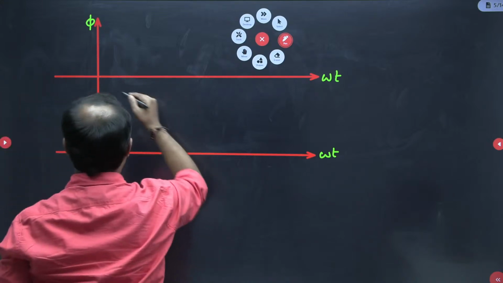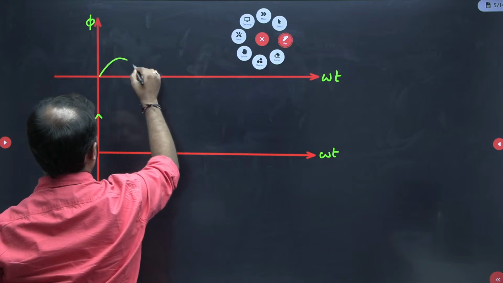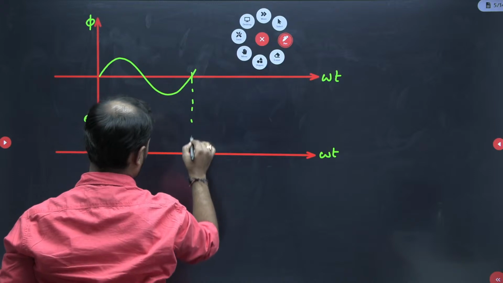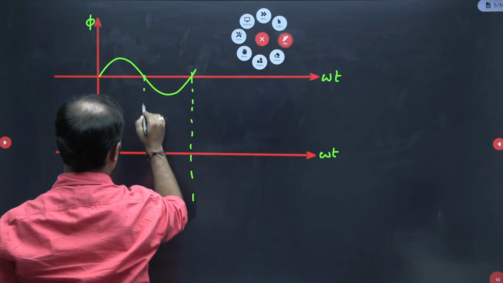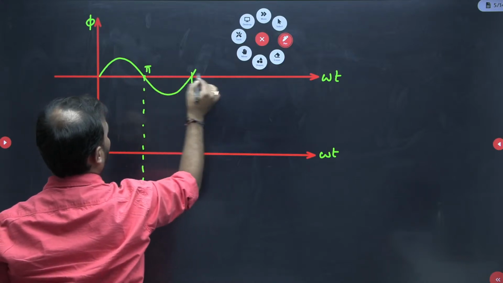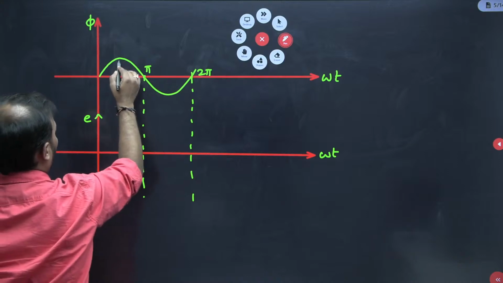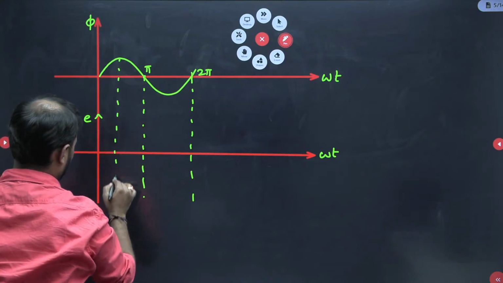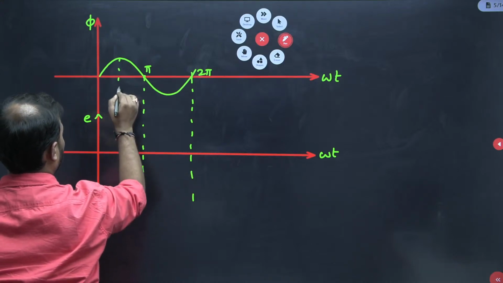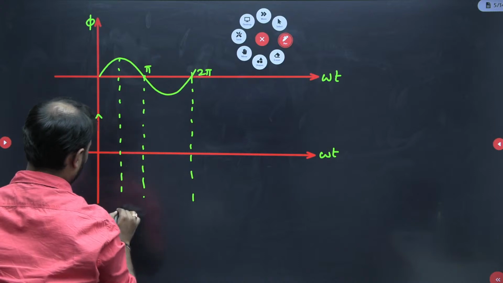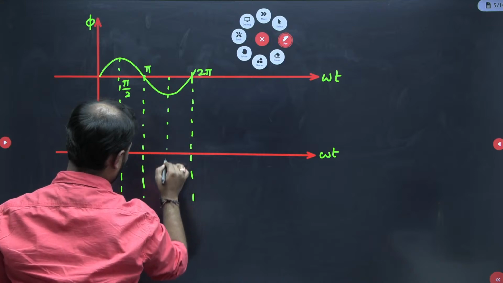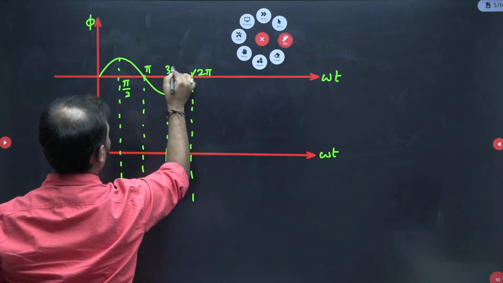So if your flux is sinusoidal in nature like this, this is pi, this is 2 pi, this is pi by 2, and this one is 3 pi by 2.